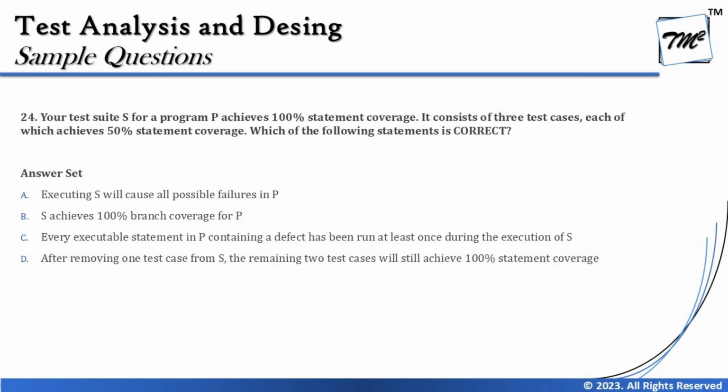Let's move on to option D. Option D says after removing one test case from S, the remaining two test cases will still achieve 100% statement coverage. The removed test case may provide coverage of some statements that are not covered by either of the other two test cases. So as I told you, say for example, 1, 2, 3 and 2, 3, 4.